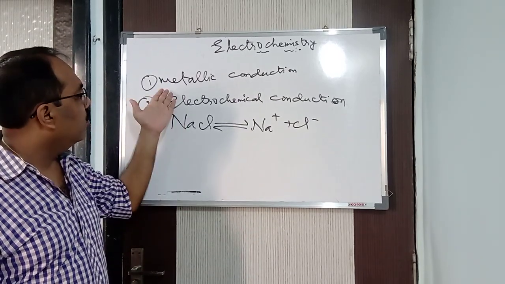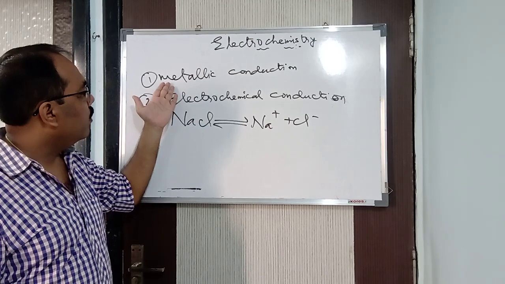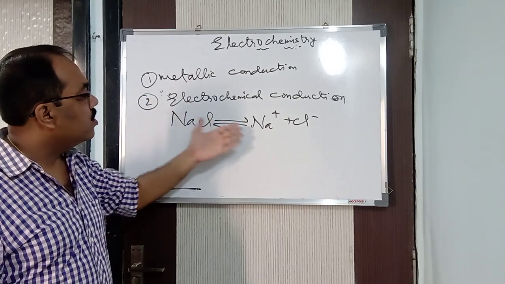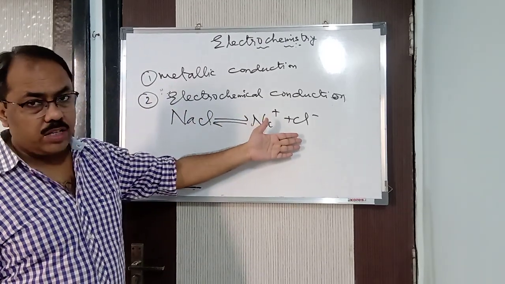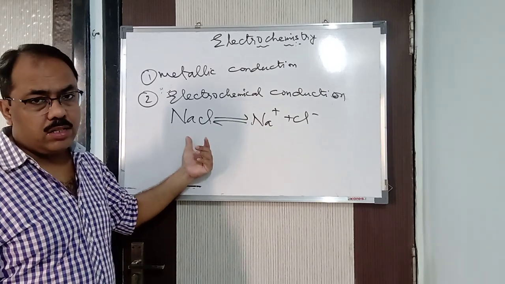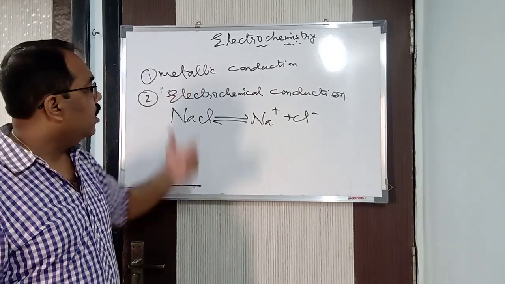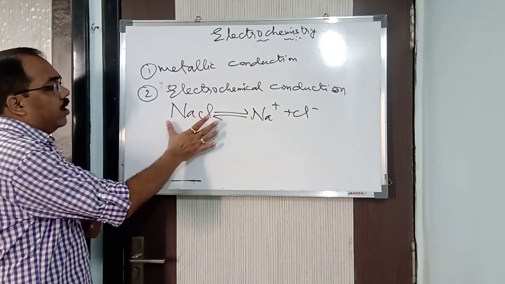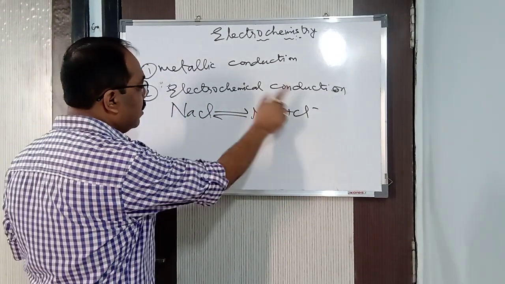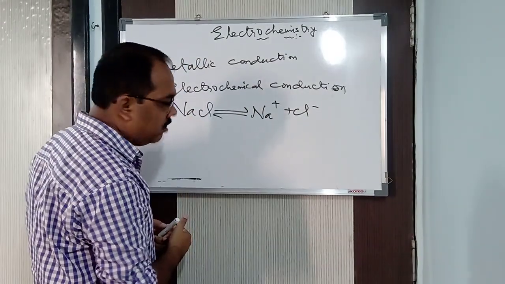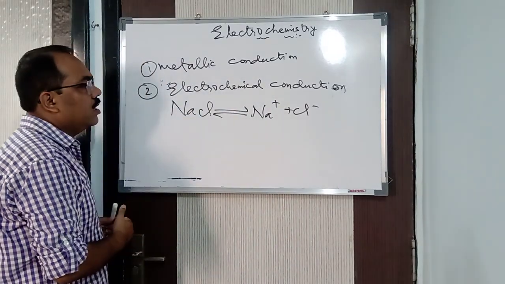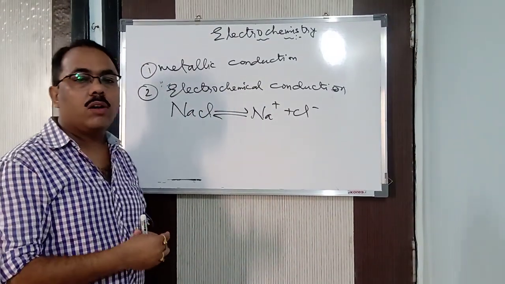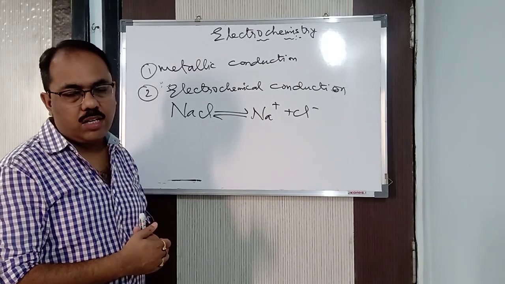So here no chemical change is taking place. Here a chemical change is taking place, a decomposition reaction, a reversible reaction. So you find that these are some of the differences between metallic conduction and electrochemical or electrolytic conduction, I should say.